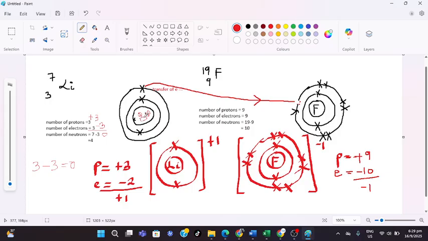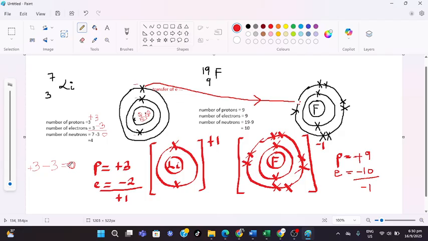Those are protons. The electrons now: 1 negative, 2 negative, and 3 negative. If I have 3 positive and 3 negative, there's no charge on it. In order to get a charge, I have to have a difference. So if you touch a piece of board right now, you're not going to get shocked because the number of protons and the number of electrons are the same.